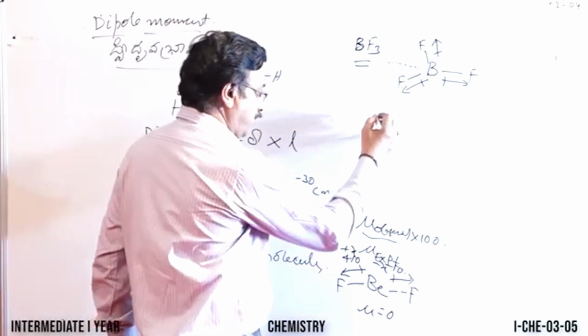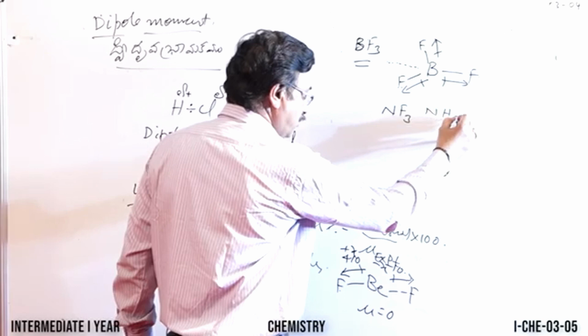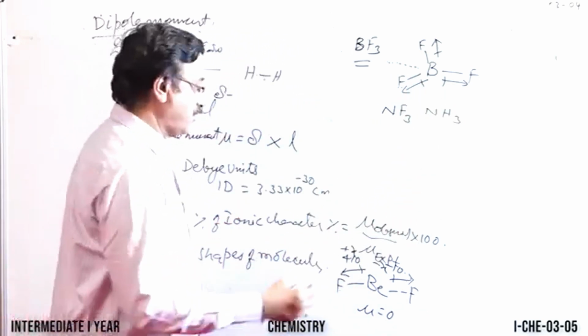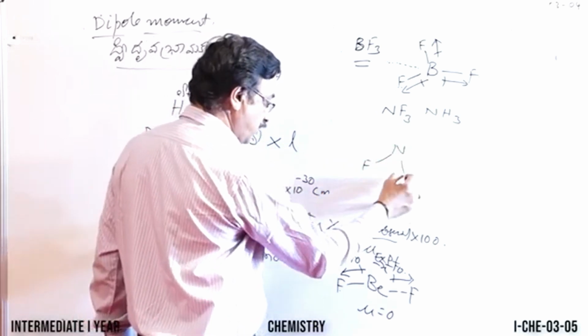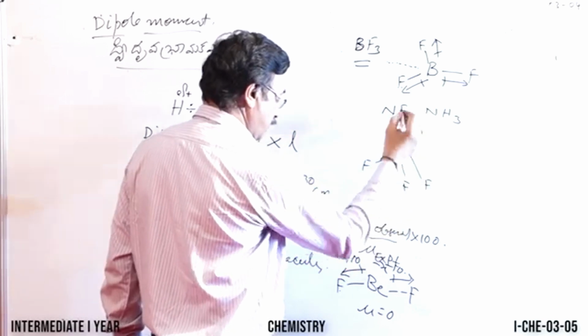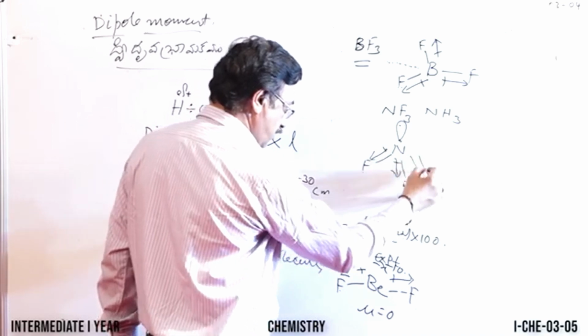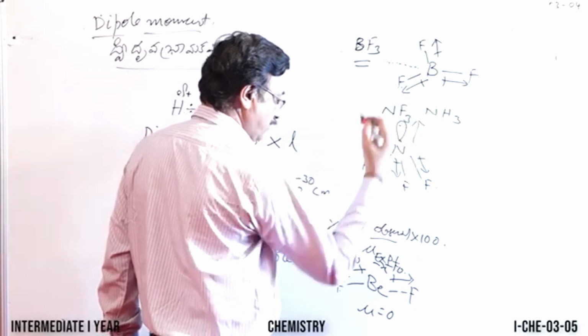Similarly, the NF3 molecule and NH3 molecule have different dipole moments. How is it possible? See this? Both of them have pyramidal shapes, right? So here the dipole moments are like this. The resultant will be like this.